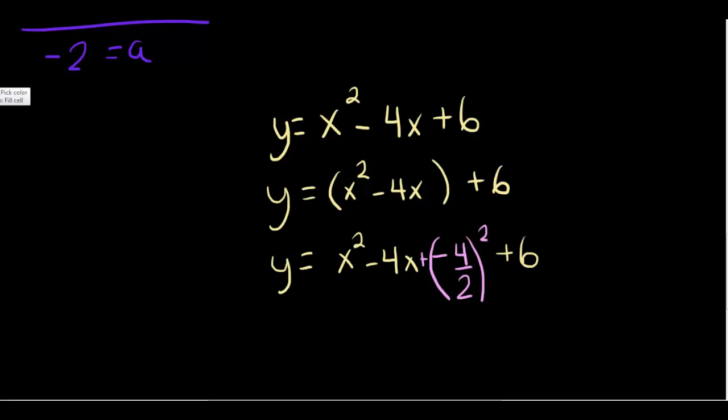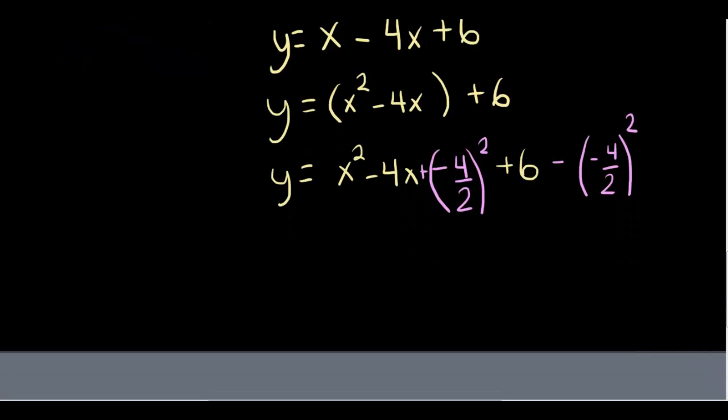And since I want to keep the balance, I'm going to have to subtract whatever I'm adding. So I'm going to subtract -4 over 2 squared. So let's see what we have. It's going to be y equals x squared minus 4x, -4 over 2 is -2, -2 times -2 is +4, plus 6. Again, -4 over 2 is -2, -2 times -2 is +4 when I'm subtracting that.